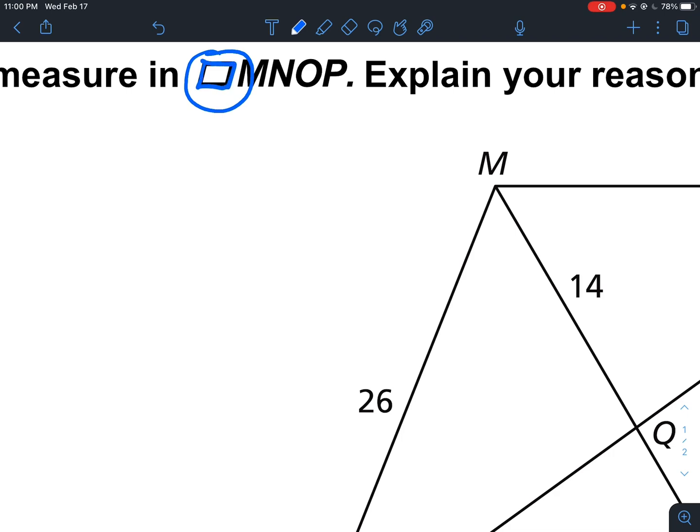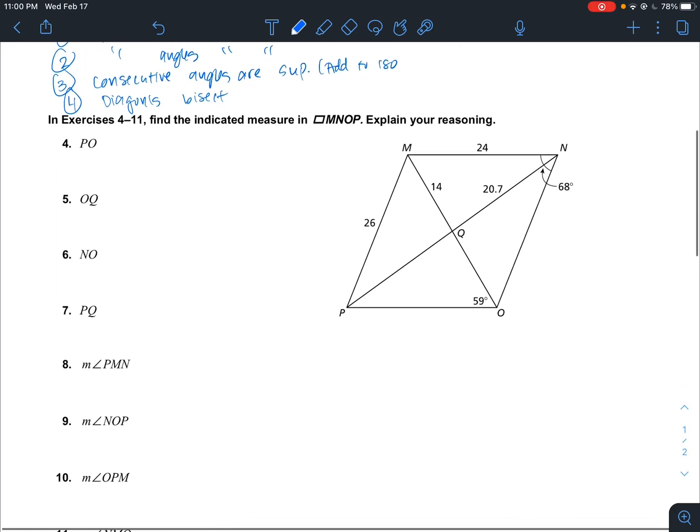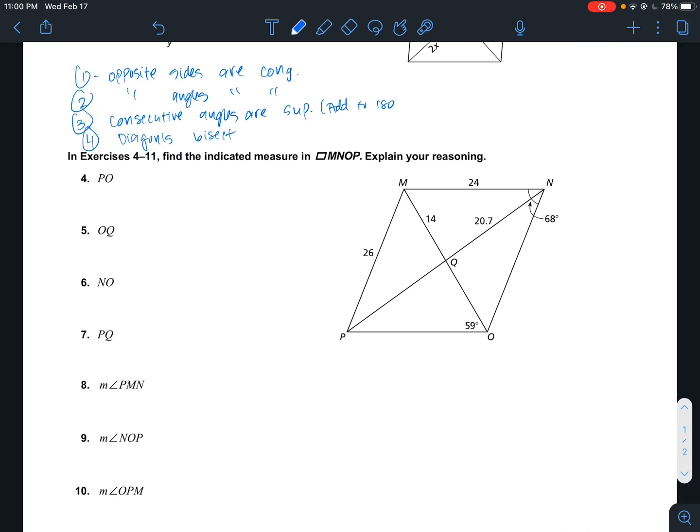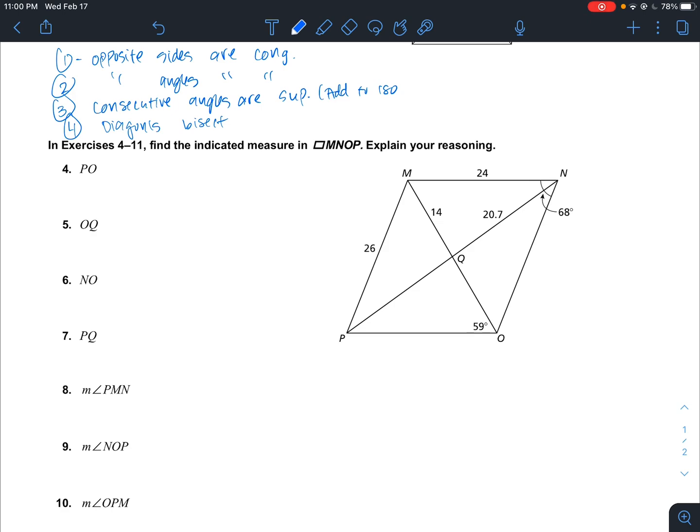But let's assume that it is saying that it's a parallelogram because there's no other indication of whether or not these lines are parallel. So we will say that they are parallel, and we'll assume that this figure is indicating that it is a parallelogram. Okay, so if this is a parallelogram, then we can use these theorems.